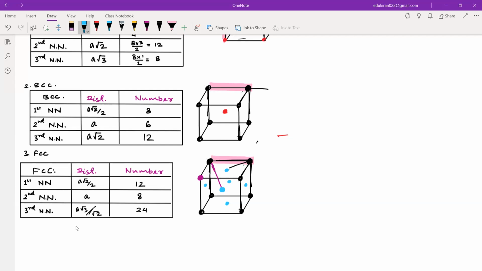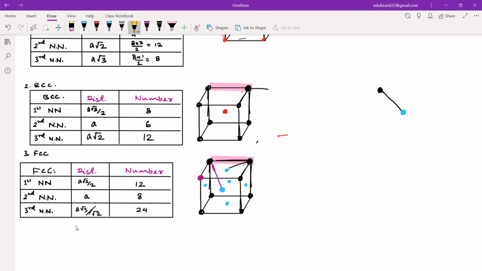So here we have the corner atom. Let us make it black. And here we have a blue atom on the face center of the back wall. Yes or no? Yes, fine sir.